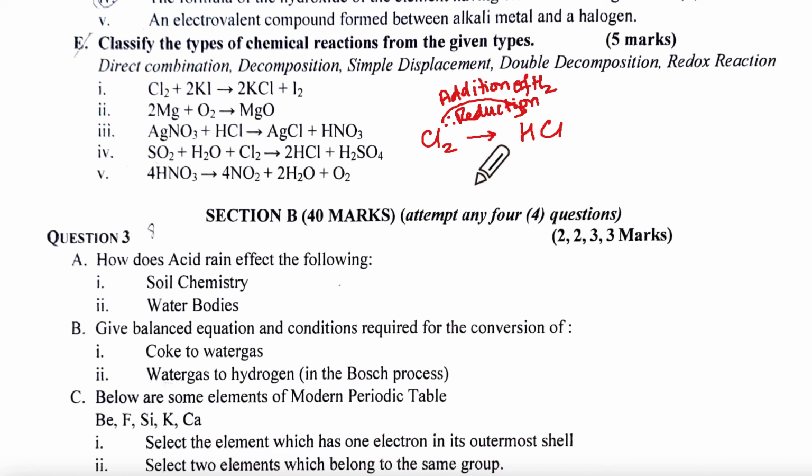And what has happened in case of SO2? This SO2 and H2O becomes H2SO3. Can you see that? H2SO3 is becoming H2SO4. What has happened?